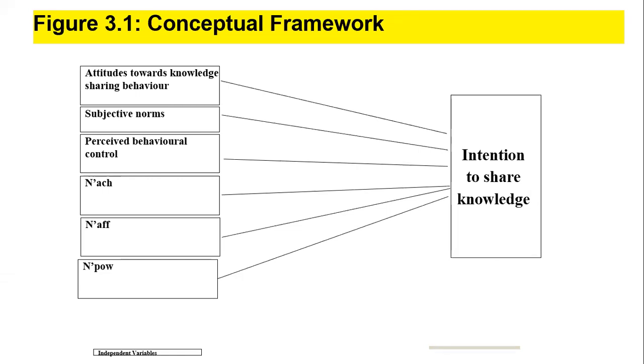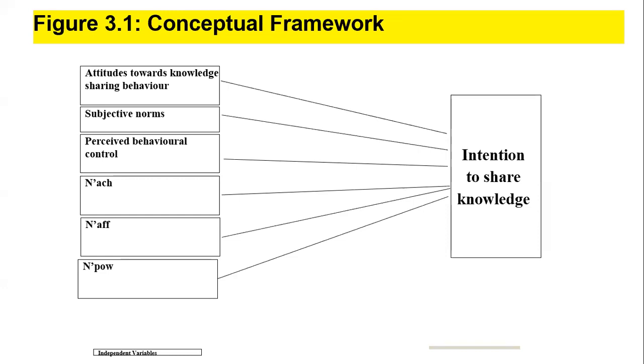There are no moderators or mediators, but you can see the dependent variable is intention to share knowledge, and the independent variables are attitude towards knowledge sharing behavior, subjective norms, and perceived behavioral control. That comes from the theory of planned behavior. These independent variables do not come out of nowhere; you studied the theory and took its antecedents. Likewise, the needs did not come from nowhere; they came from McClelland's theory of needs.